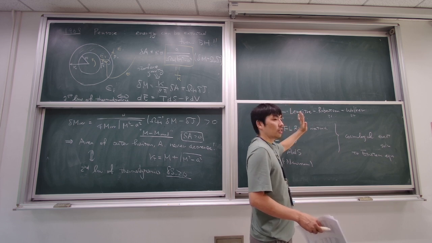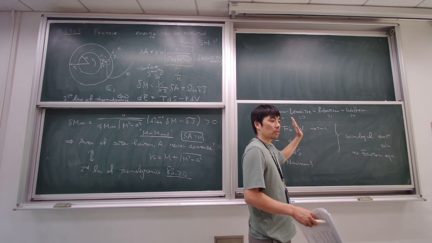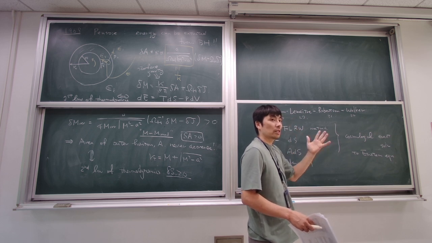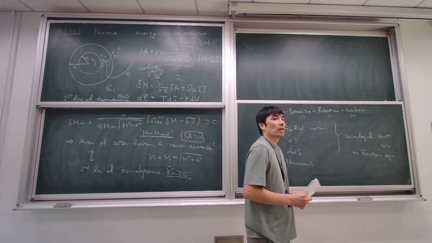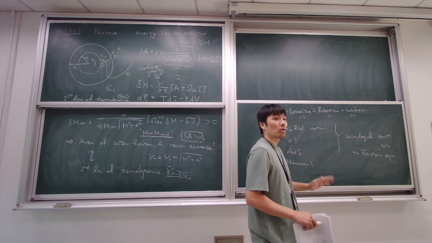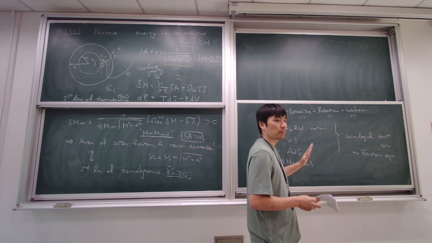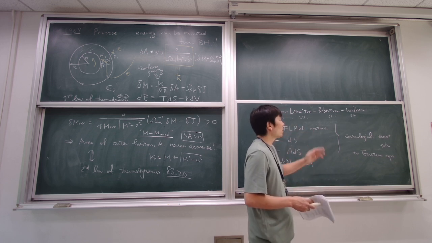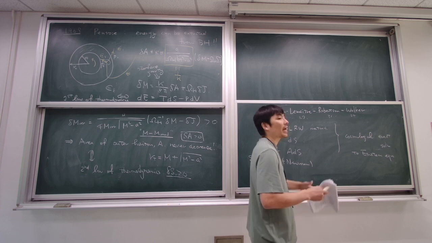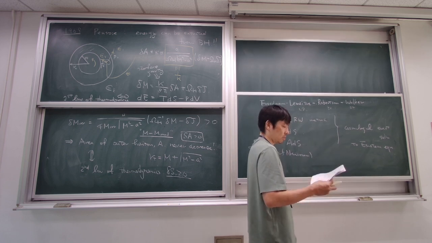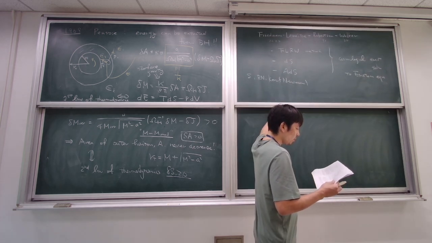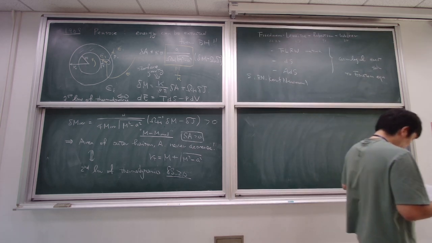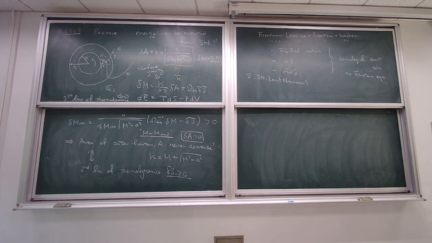Lemaitre in 27 wrote a paper on the expanding universe, and he introduced a notion called the Hubble constant already two years before Hubble. And Robertson and Walker treated the dynamical homogeneous isotropic universe. So that's the history.